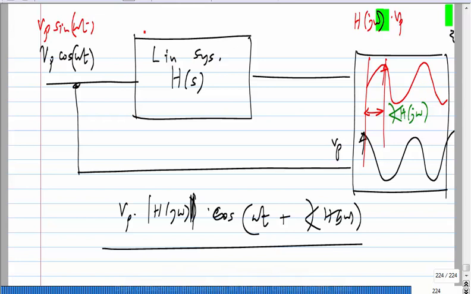Just stick with cos as a reference. Any signal that you have, you simply refer it to cos with the appropriate phase. If you do that, the response will also be the same, and that phi will simply get added here, that's all. So stick to the real part and do it this way.